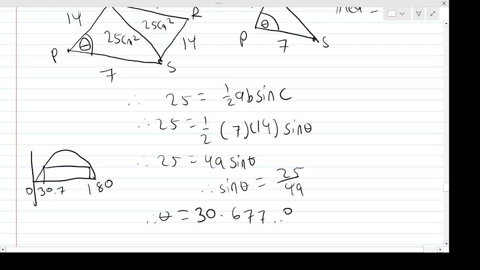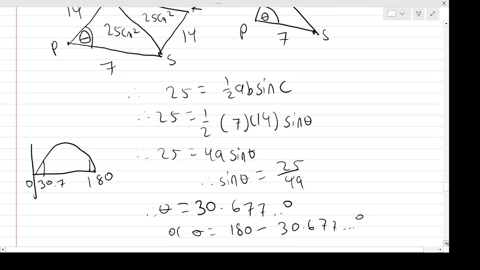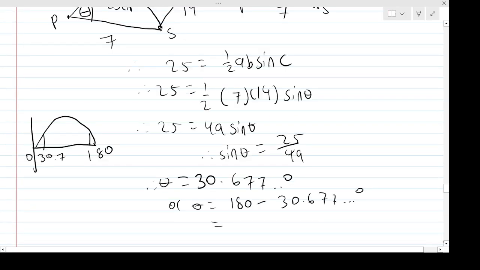So the next solution is going to be 180 take away this. If I do that on the calculator, I get 149.322, blah blah blah.